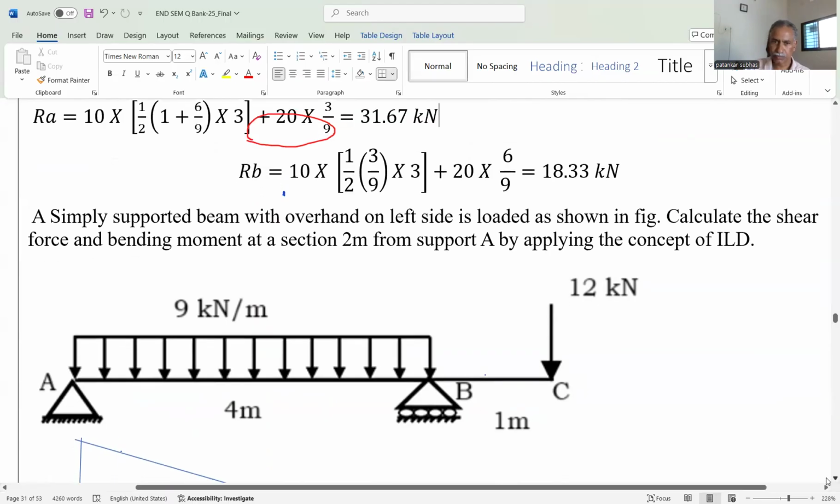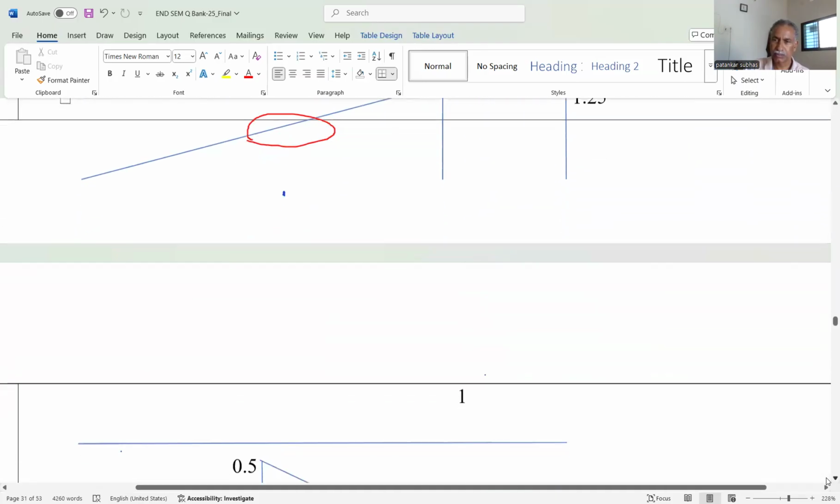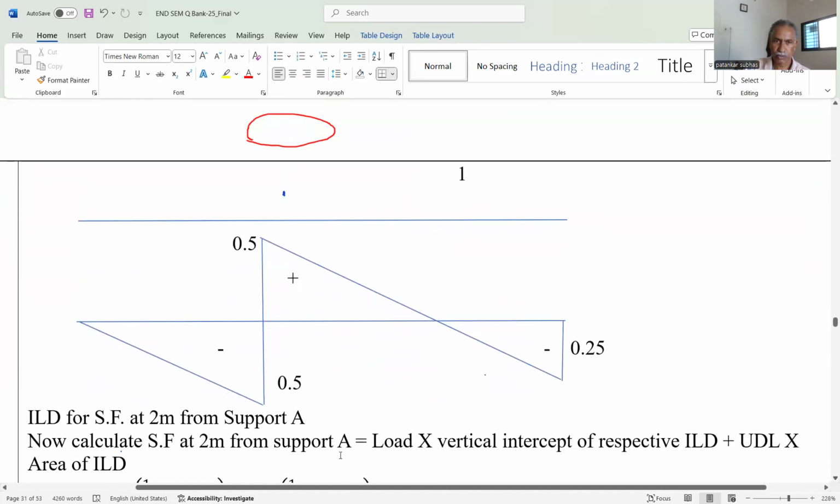So for 2 meter, left to right, it is negative. 2 divided by 4 is 0.5. So 0 to 0.5 is the first triangle with minus sign. Then this is 0.5, and then a straight line where we take the section for the shear force, and B is also equal to 2 meter. So 2 divided by 4, again 0.5.